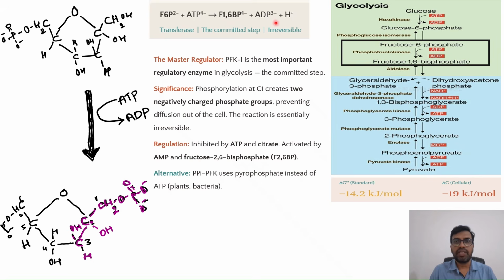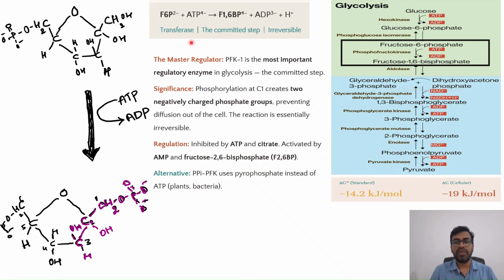When ATP is getting converted into ADP, one phosphate group goes out, so there will be one negative charge less here, and then there will be a production of a proton.